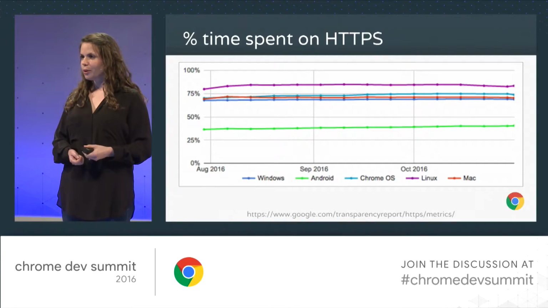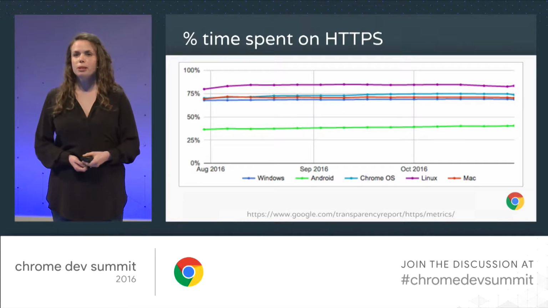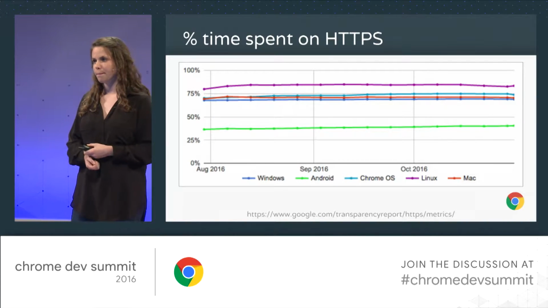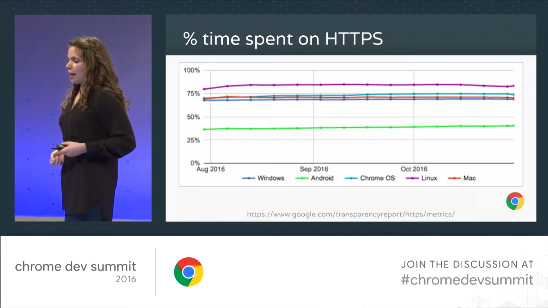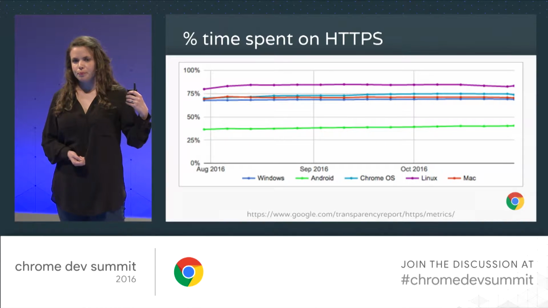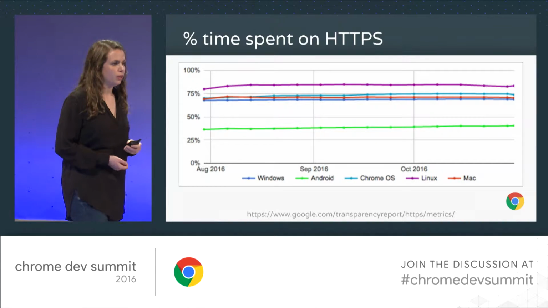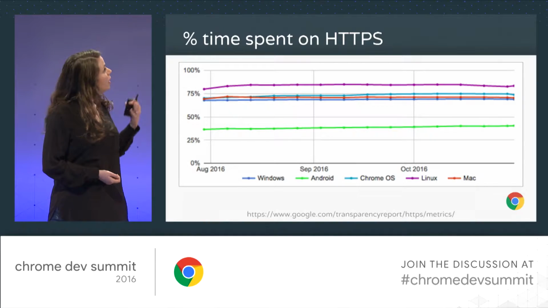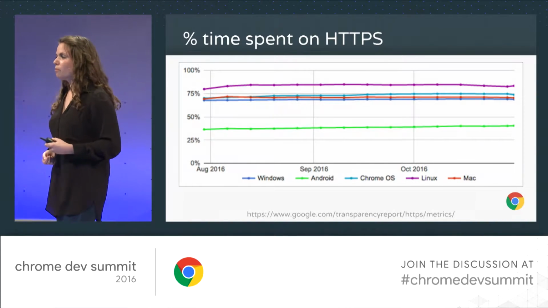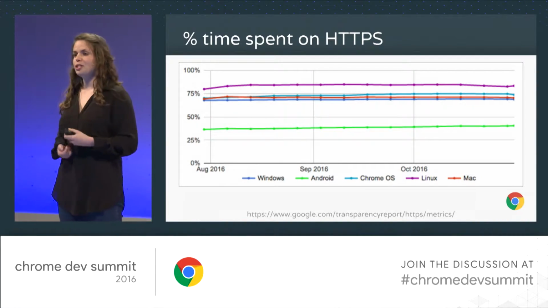Another way to look at it is not the percent of pages that are loaded over HTTPS, but the percentage of time spent. And as you can see from this graph, this is an even more optimistic way to look at it, because Chrome users spend on desktop platforms about 75% or more of their time on HTTPS.